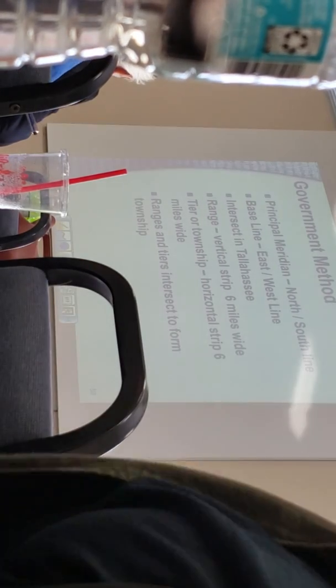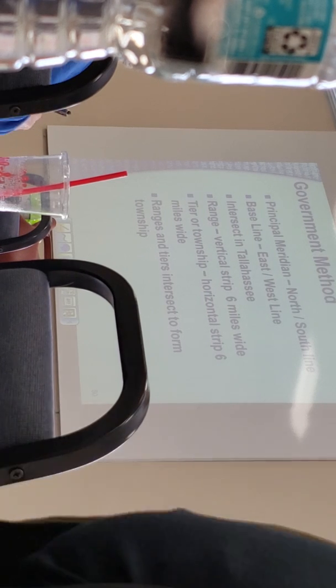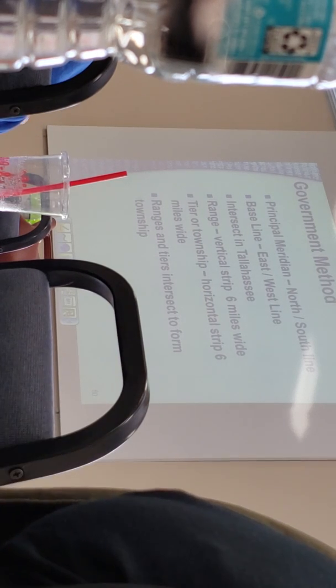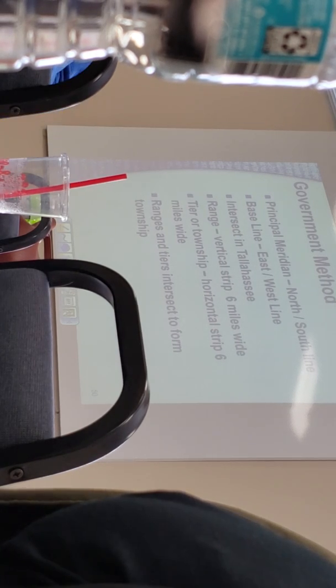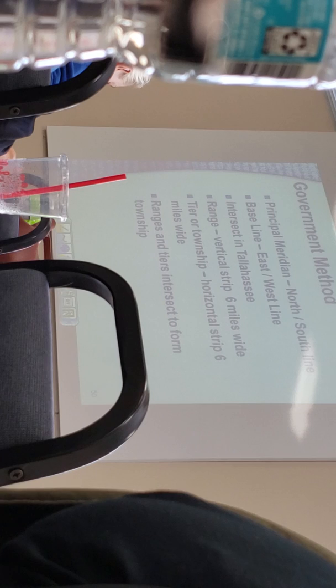What they did in the state of Florida, they went through the state and drew an imaginary north-south line. Always start with north and south. This is the 0 point. That's how they start.